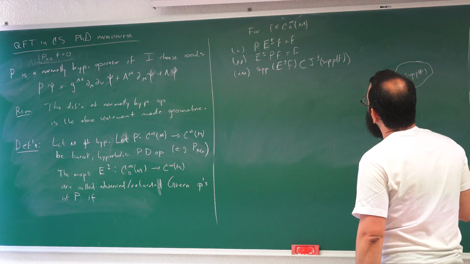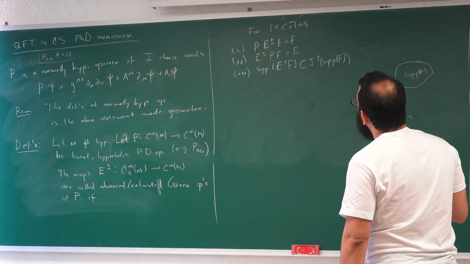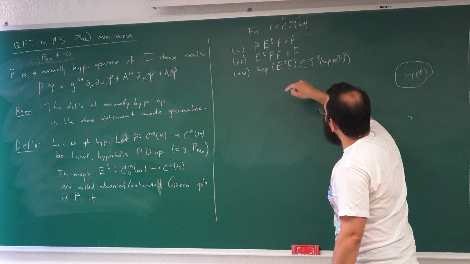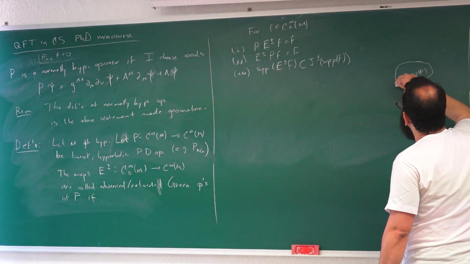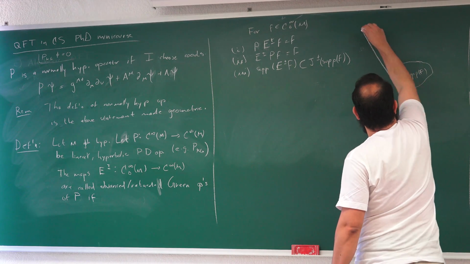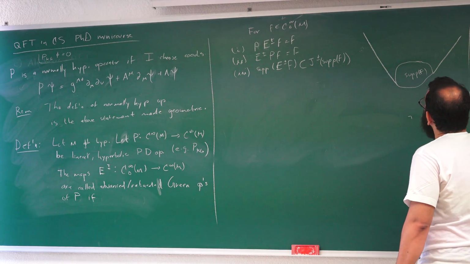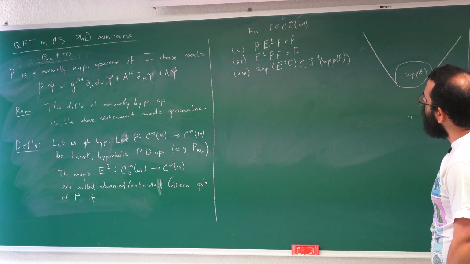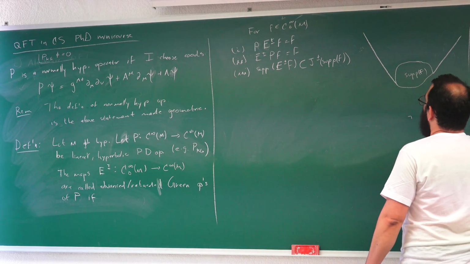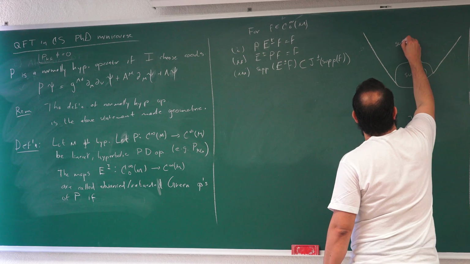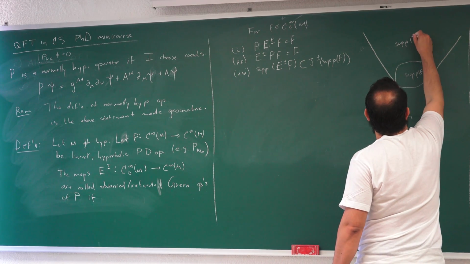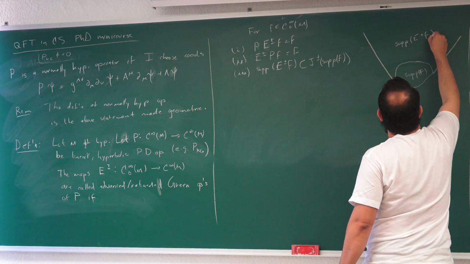And then if I act with one of these two operators, say with E plus, which is called the retarded green operator, then I have the support of E plus F here.